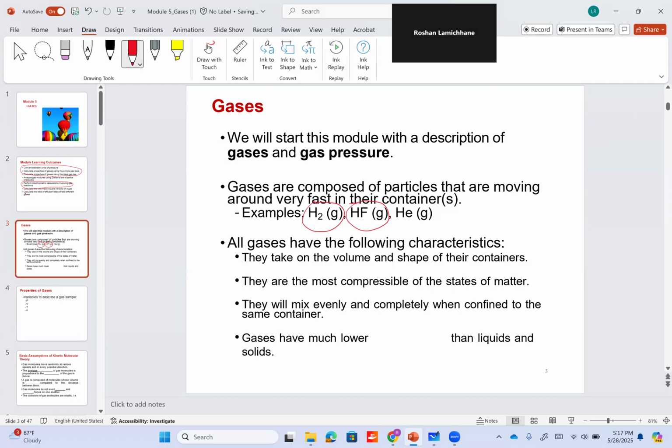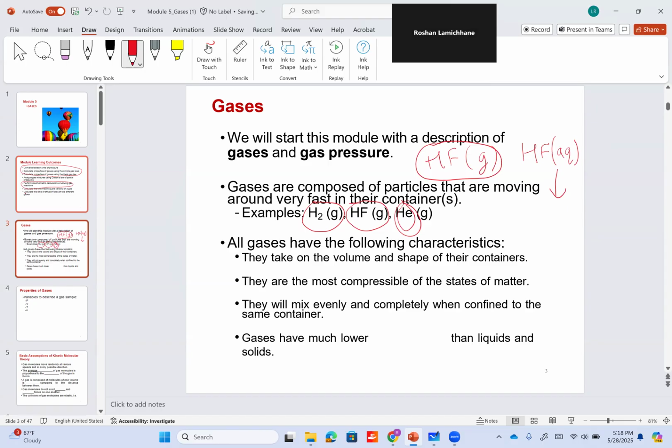Whenever this HF gas is in aqueous form, that is when it is called hydrofluoric acid, whereas this right here, HF, is just your hydrogen fluoride gas. Then He is the group 8A inert gas. These are some of the examples. Then you have nitrogen gas, carbon dioxide gas, neon gas, and so on.